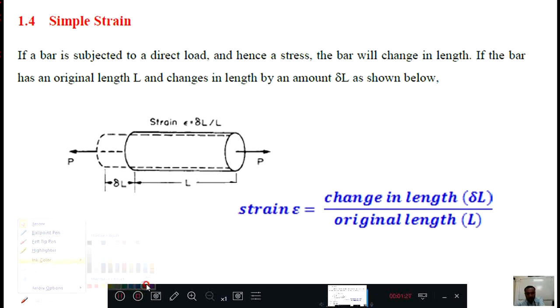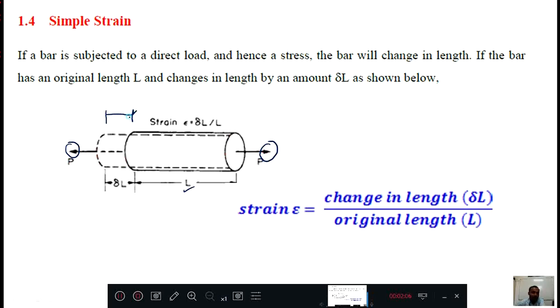See, when the material is subjected to some force, this material is pulled with a force P, and that material has some length L and some cross-sectional area A. Then when we apply equal and opposite forces on either side, some stress will be developed inside, and initially the stress will be resisted, and that resistance increases. When the resistance increases and becomes equal to the applied load, then it starts elongating.